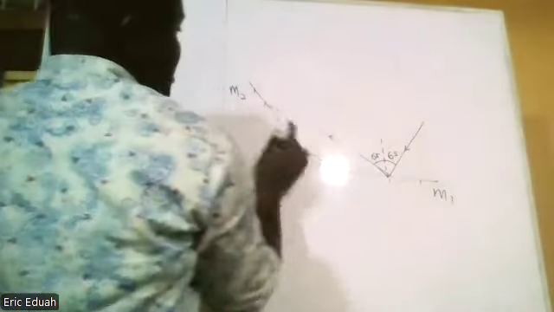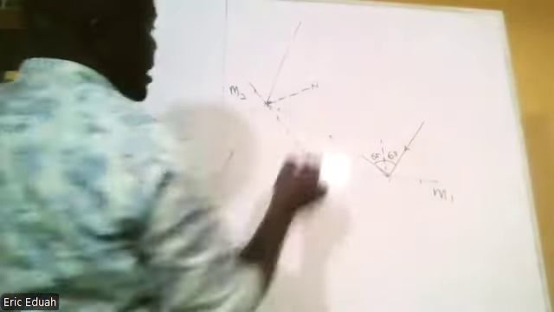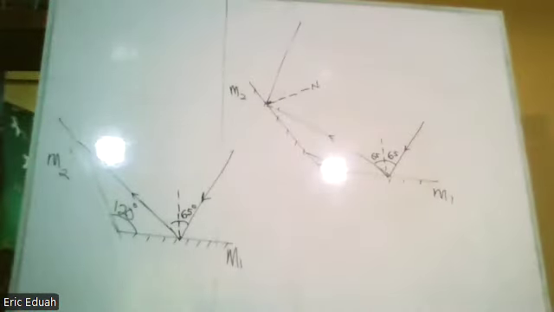So when it's incident on mirror 2, it will also reflect, and the angle of incidence would also be equal to the angle of reflection. Let's assume there's a second normal after the incidence on mirror 2.